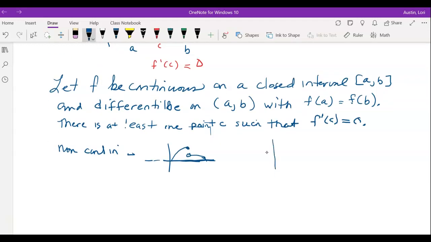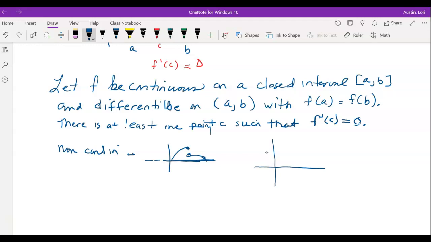So what does that mean? Do you remember what it looks like when a function is continuous but not differentiable? You can be continuous but not differentiable.